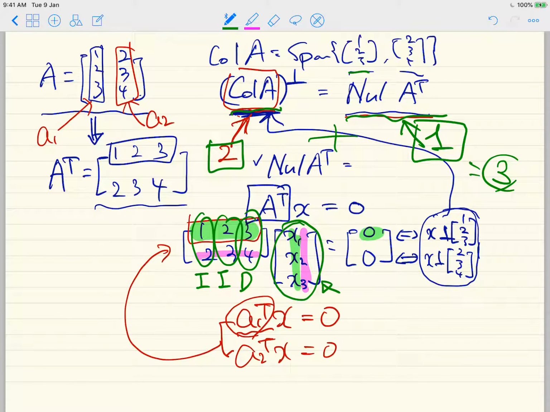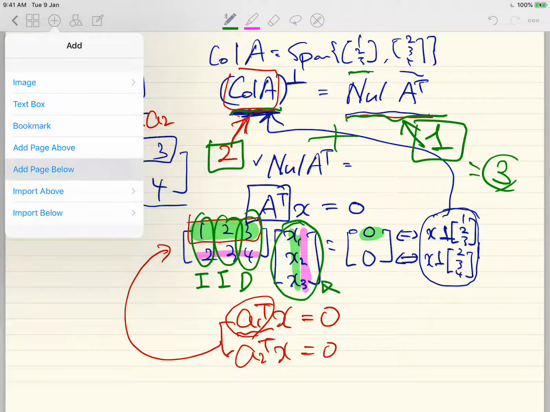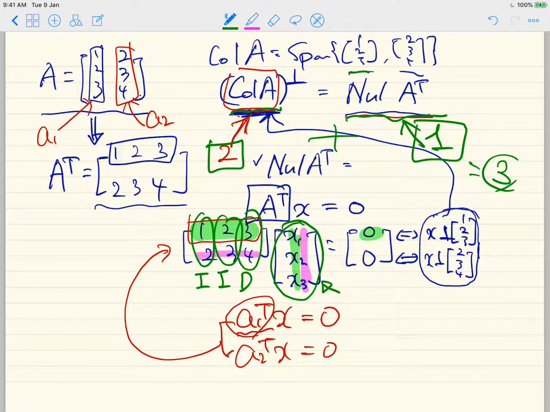Okay, and then now let's consider another case where we have A over here, and similar to the column space, we can also define the subspace called the row space.